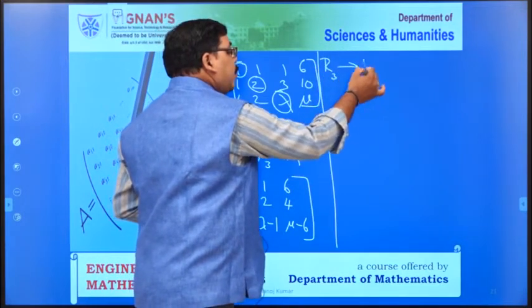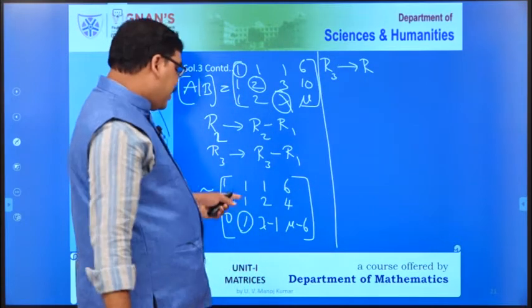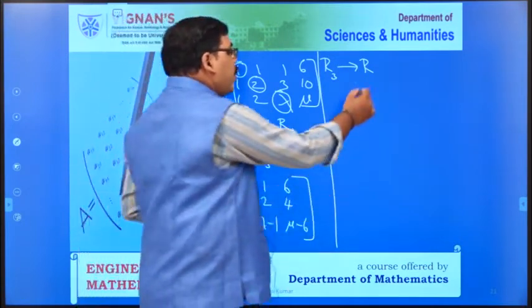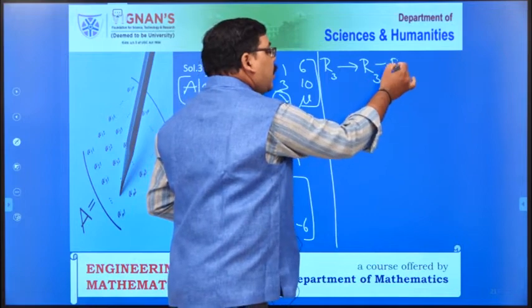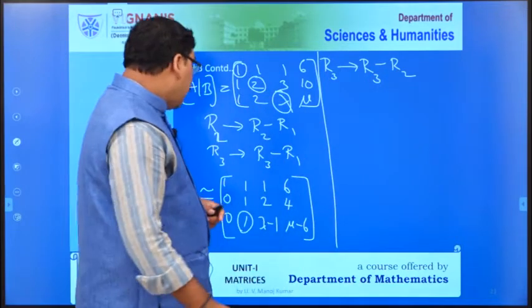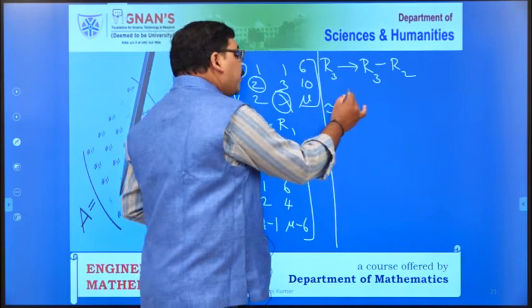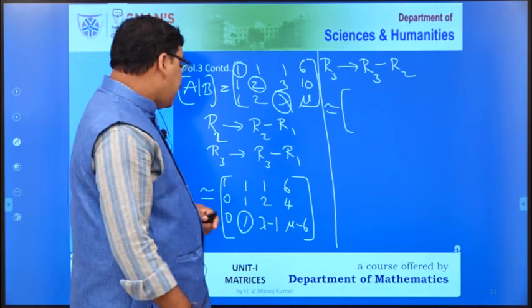R3 changes into R3 minus R2, a simple row operation, since both are ones. So the matrix changes into this.